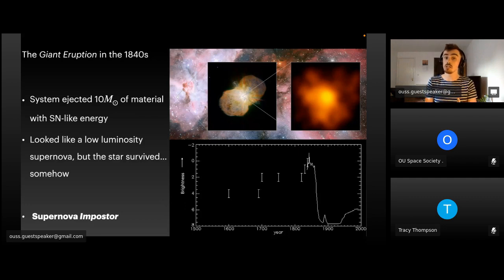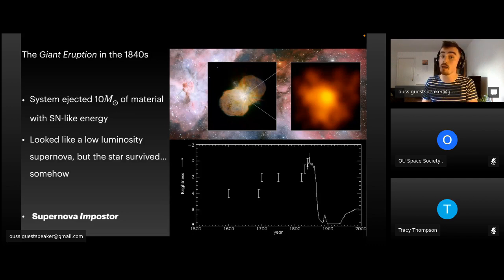And this is the main topic of controversy: this non-terminal explosion. Excuse me. We like to classify these types of eruptions where the star survives as a supernova impostor, and this is the main point I will get onto a little later.